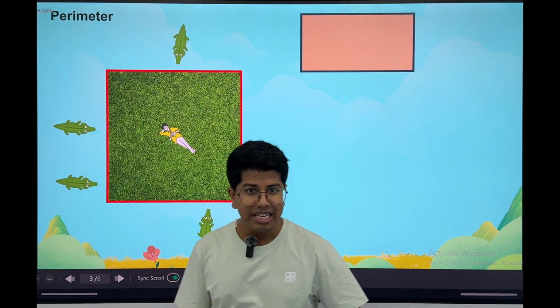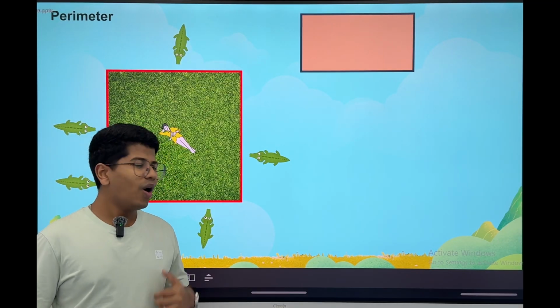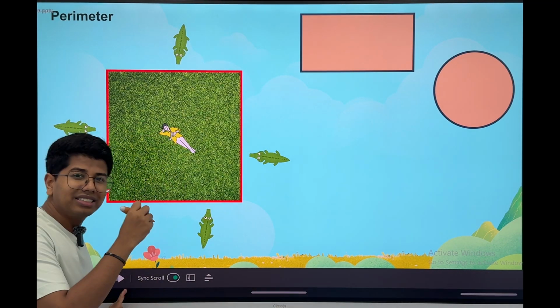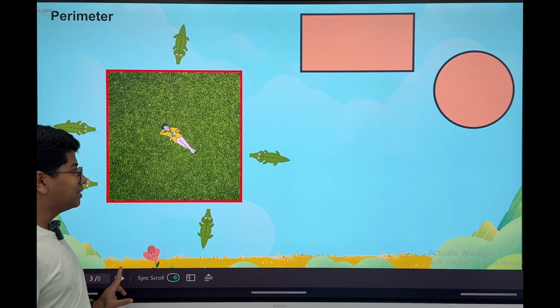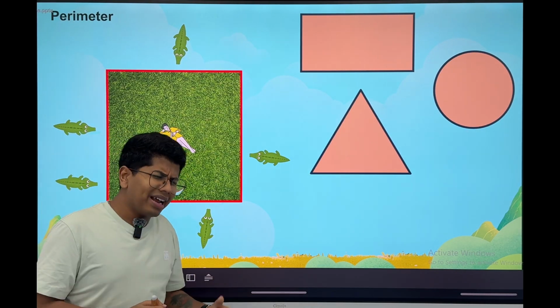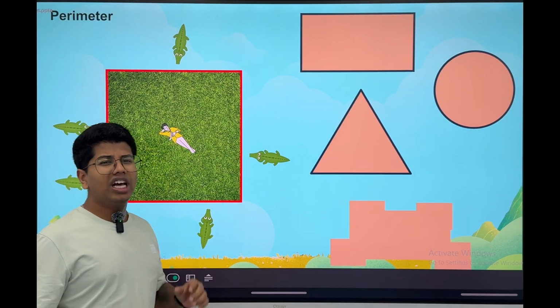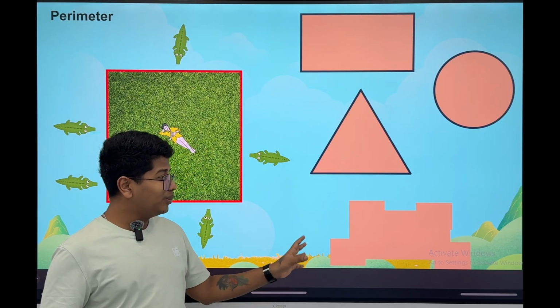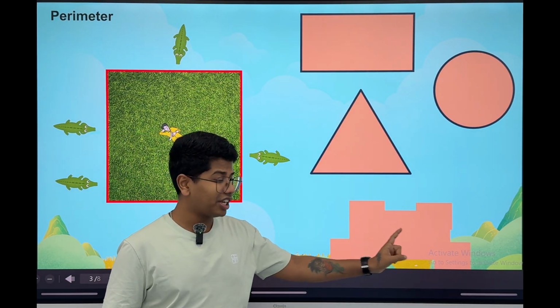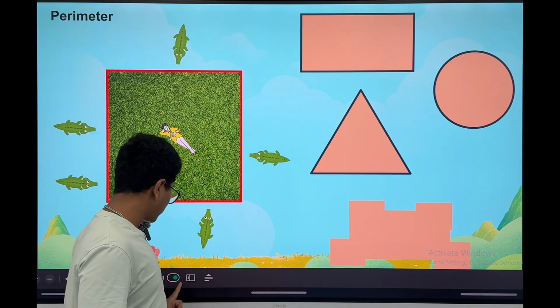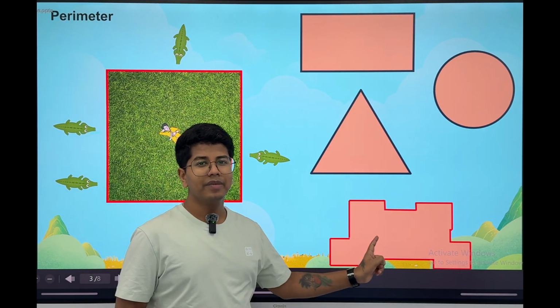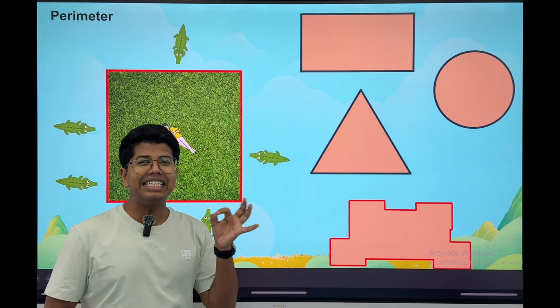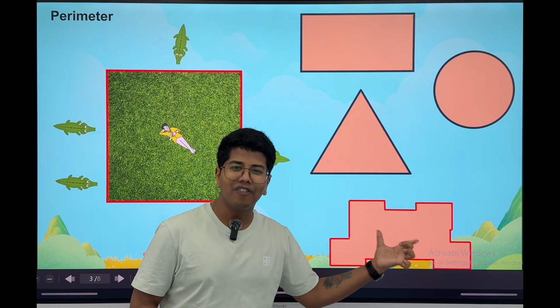Sometimes it can be a rectangle, or a circle, or a triangle, or some irregular shape. Now to calculate the perimeter of the irregular shape, I just have to calculate all the sides measuring it. If I get all the sides, I can easily calculate the perimeter of this one.